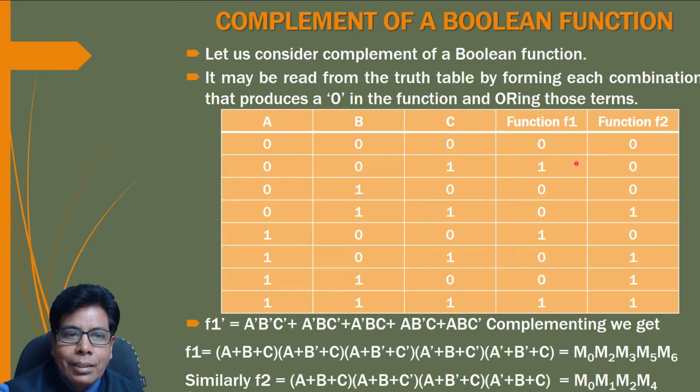Only here, instead of considering 1, we are considering 0. So this will give 0 0 0, that is nothing but a dash b dash c dash, plus the second is here, so it will be a dash b c dash.